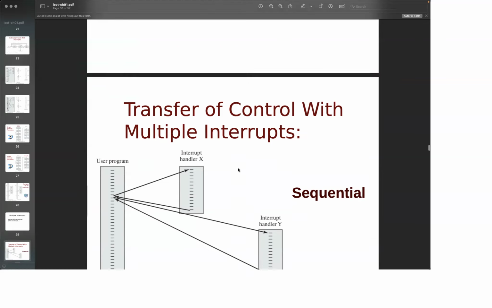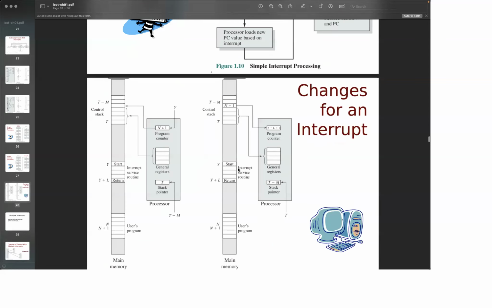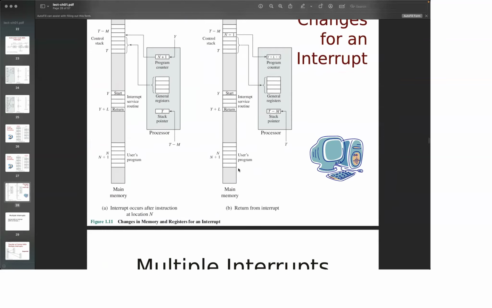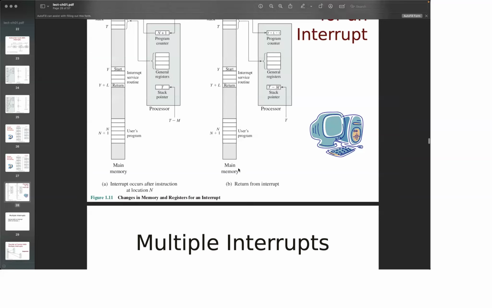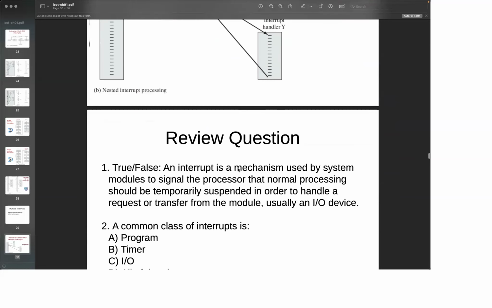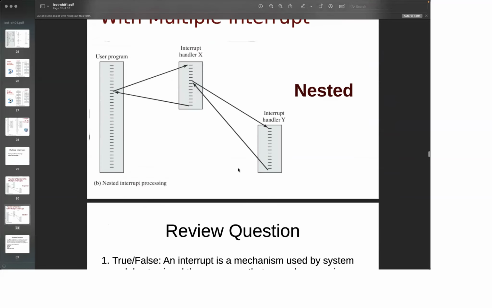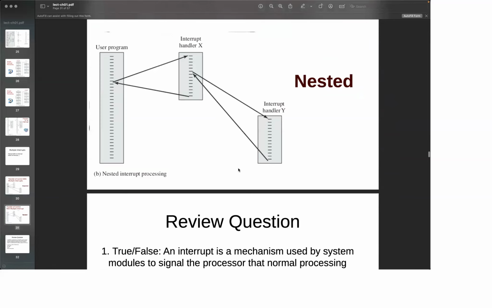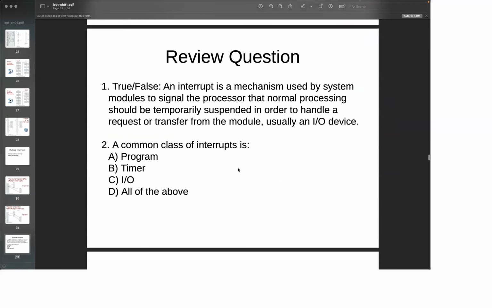So right there you can see the picture is like Y plus L plus 1. Suppose we try to finish the rest, and when we have more, then we will try to pass the rest. That's how we can keep on getting the next interrupt, handle it, and come back.